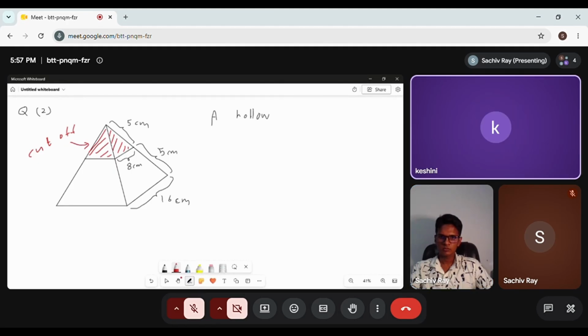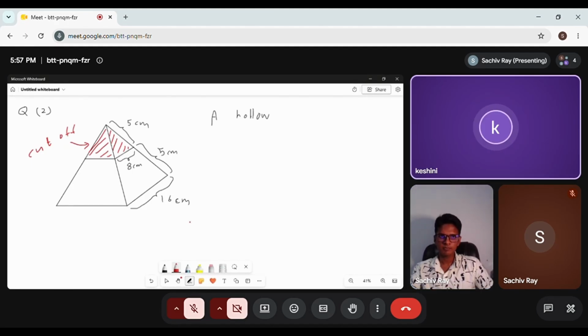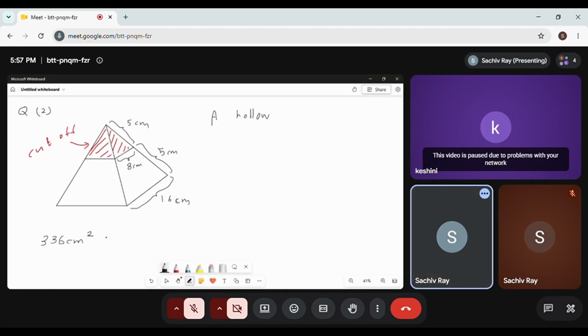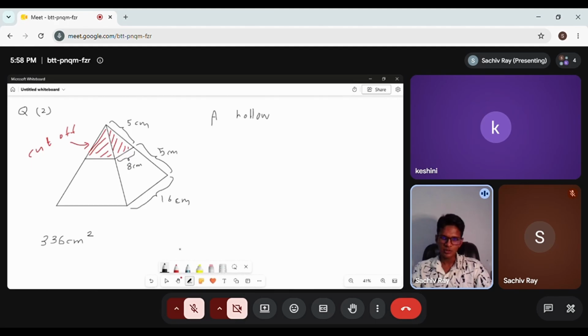Okay, sir. So what is your answer? Area of the remaining part is 336 centimeters squared. Are you sure? No, I'm not telling that's wrong.